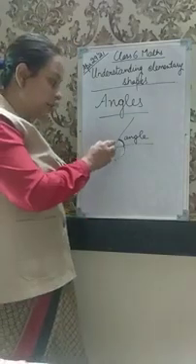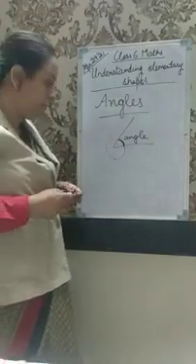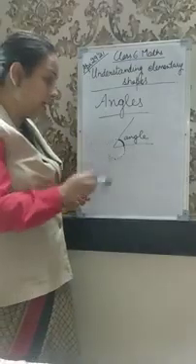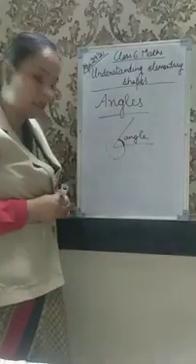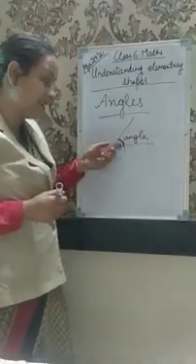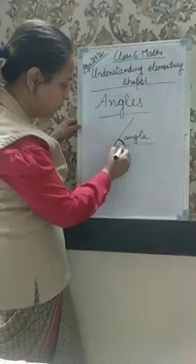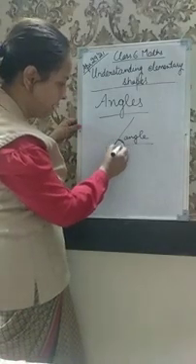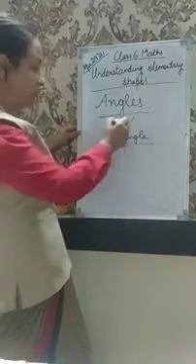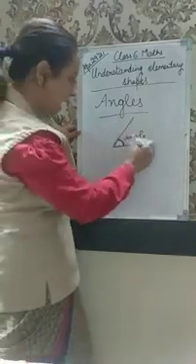And this is only one part of the circle. So I can clearly see that this is a portion of the circle. That is why it is nothing but actually a sector. Remember? So here this is my angle.